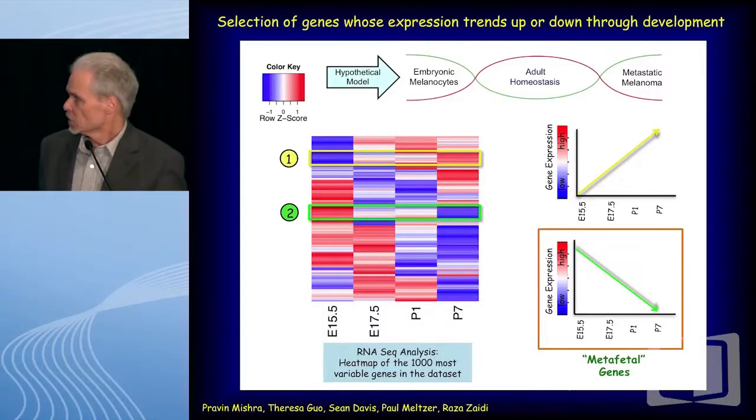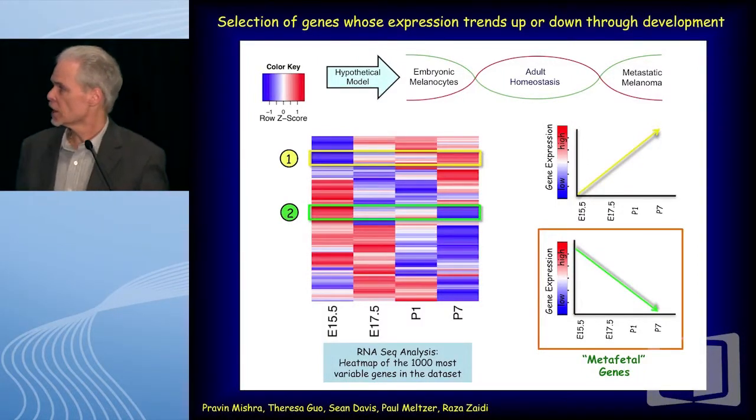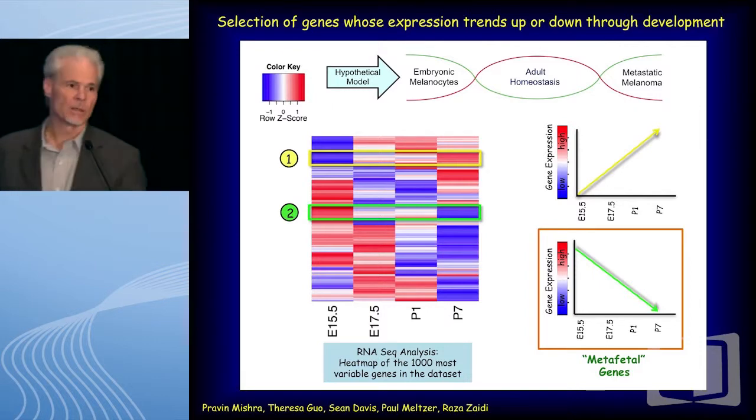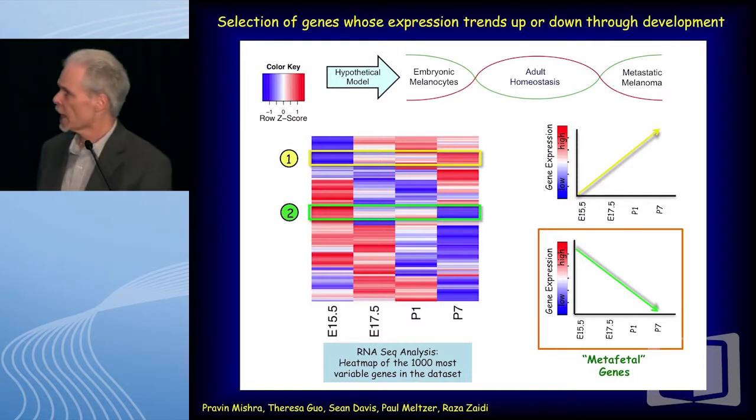And the reason we can do this, again, is we can isolate the GFP-positive melanoblasts and then put them through an RNA-seq analysis, which we did with Paul Meltzer and Sean Davis at the NIH. So here's a heat map showing the 1,000 most changed genes in development, and then over to about P7, which was about the time melanocytes are becoming dominant in the skin as opposed to blasts.